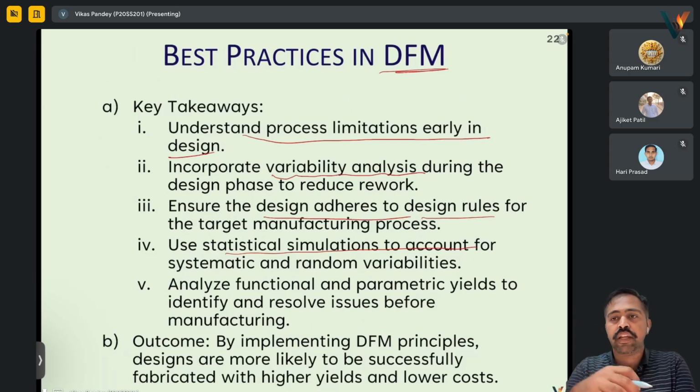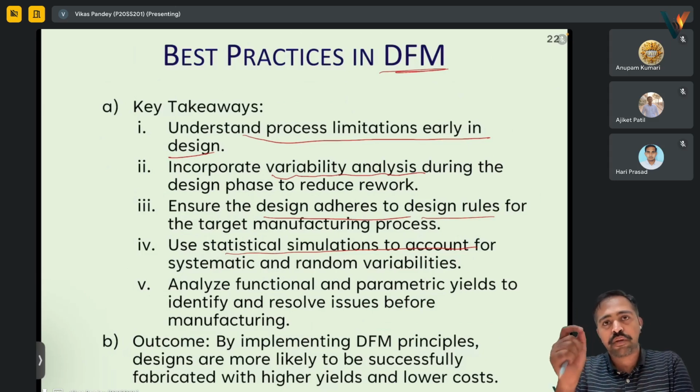So these variabilities we have to put in our design software simulations itself to get our output, so that it flags at the beginning itself, no, there is a problem, it might not work.